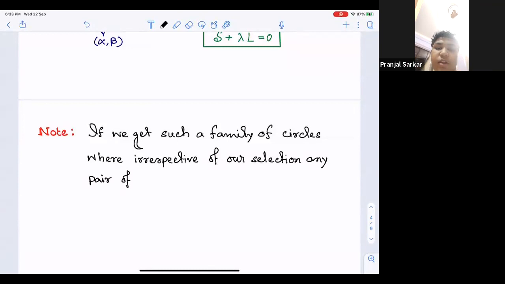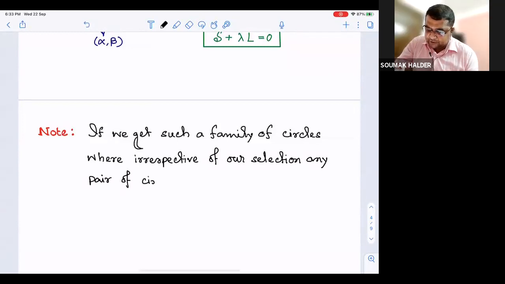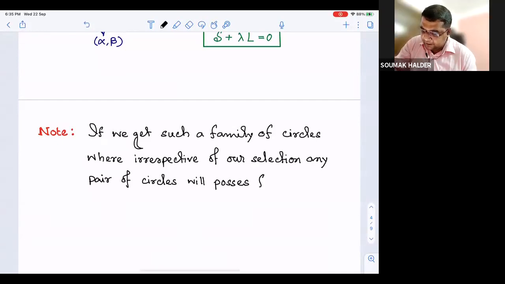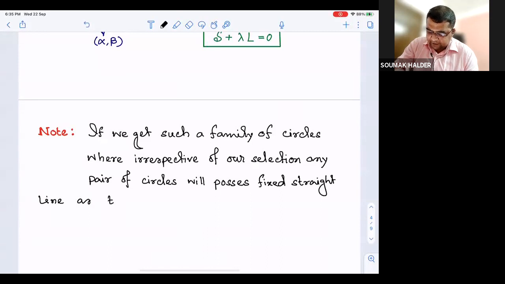Okay, sir. Where irrespective of our selection, any pair of circles will possess a fixed straight line as their radical axis.